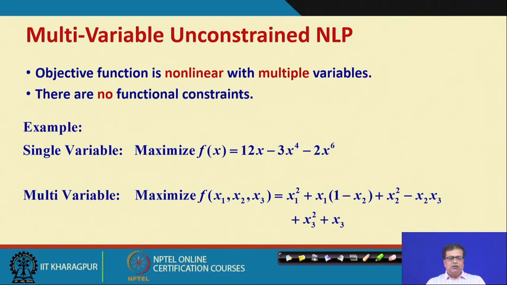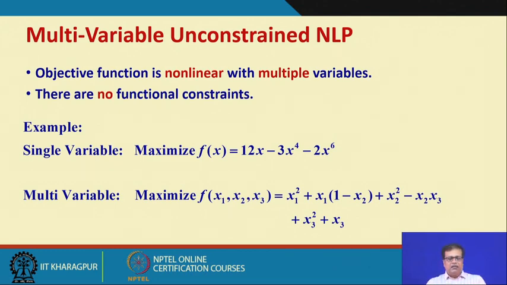So, here are some examples. That is a single variable problem, f(x) equal to 12x minus 3x to the power 4 minus 2x to the power 6. And the other one, if you can see, x1 square plus x1 into (1 minus x2) plus x2 square minus x2 x3 plus x3 square plus x3, that is a multivariable problem.